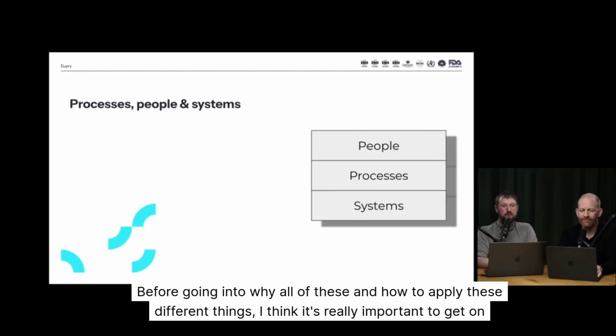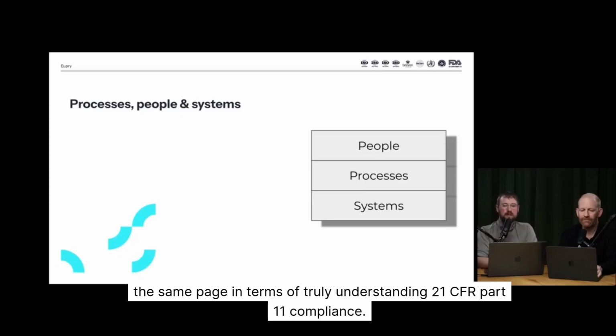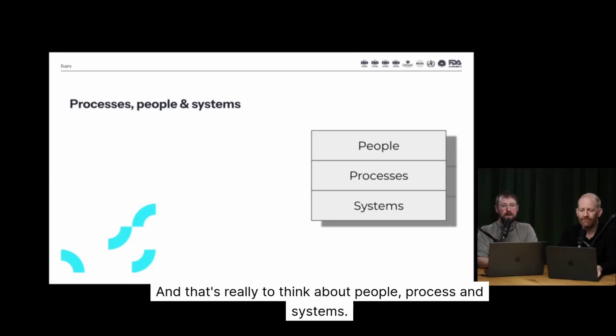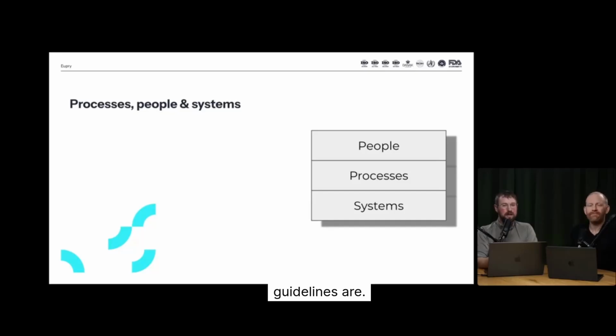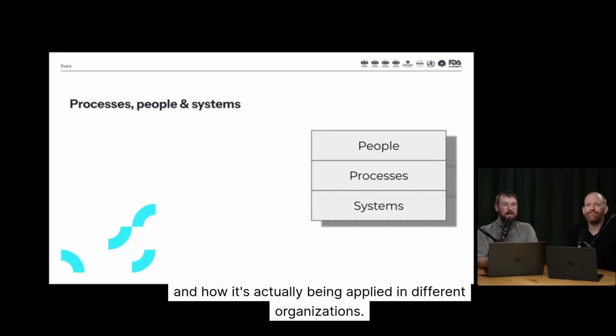Before going into why and how to apply these different things, I think it's really important to get on the same page in terms of truly understanding 21 CFR Part 11 compliance. That's really to think about people, process, and systems. There is a large discrepancy, in my opinion at least, between what the objectives of the regulations and guidelines are, and how they're actually being applied in different organizations.